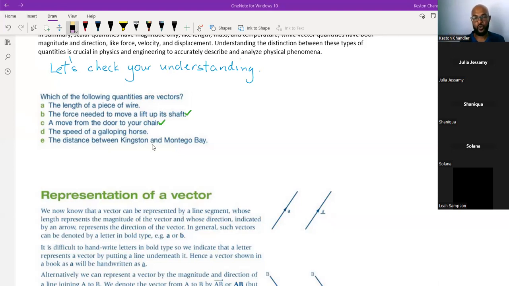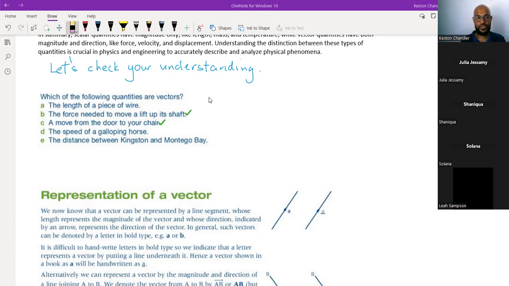A move from a door to your chair, that's talking about displacement, a change in the position of an object from its initial point to a final point. You're moving from your door to your chair. So that is a vector quantity.